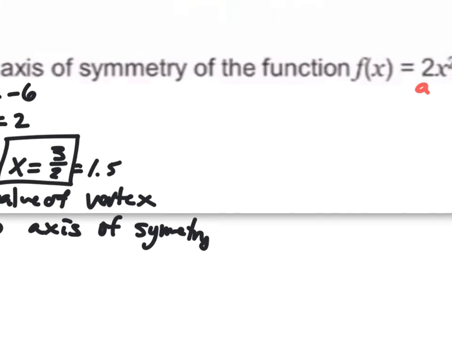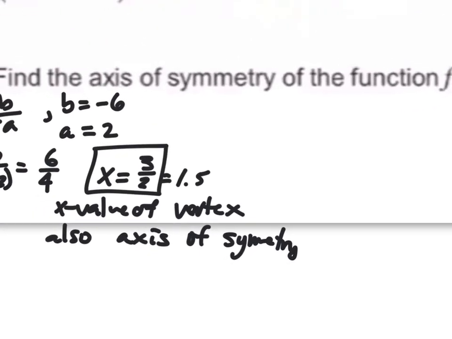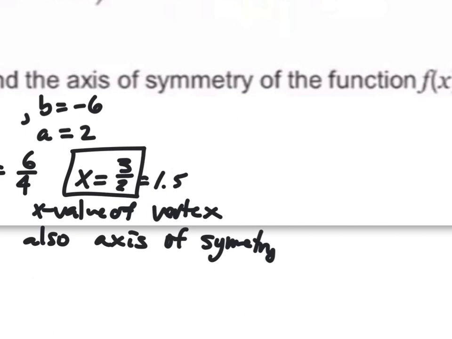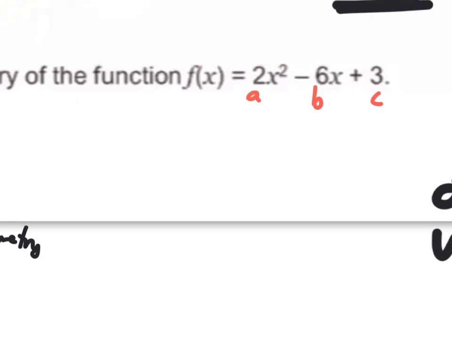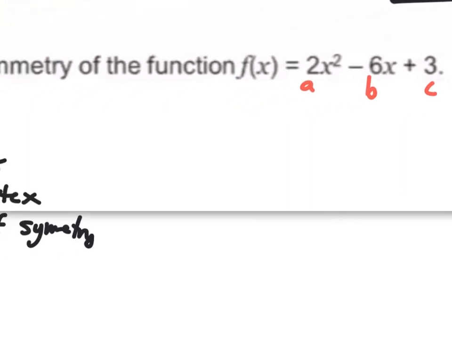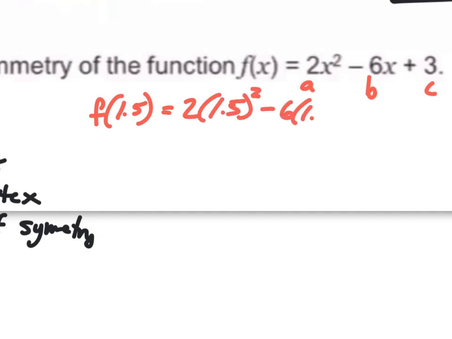Now, in order to find the y value of my vertex, I want to plug 3/2 into my function. I'm going to do f of 3/2, and let's just do 1.5 and plug it into the calculator. So I'm going to do 2 times the quantity 1.5 squared minus 6 times 1.5, and then plus 3.